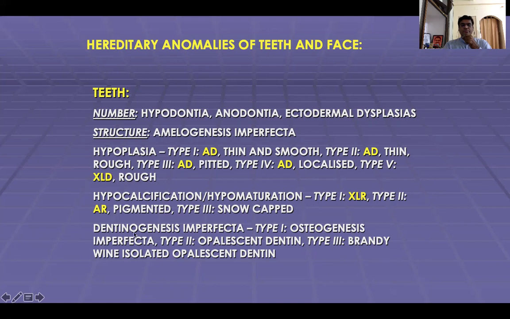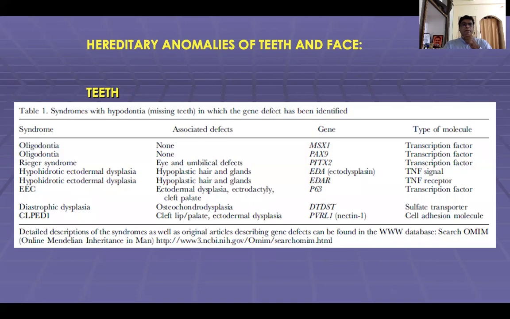Then dentinogenesis imperfecta type 1 and osteogenesis imperfecta type 2, opalescent dentin type 3 Brandywine isolated, opalescent dentin also will be under these genetic alterations. You can observe in this particular table different syndromes with hypodontia or missing teeth in which the gene defect has been identified.